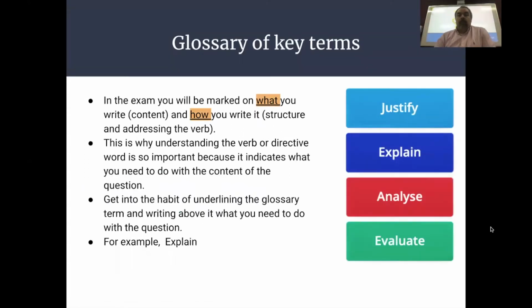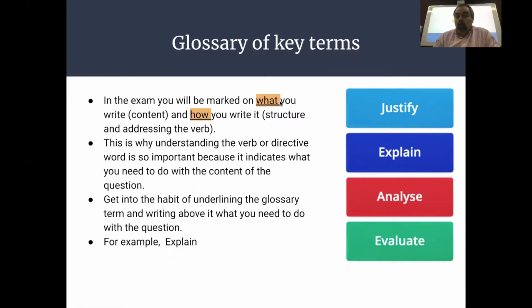The next part of the video is going to look at the glossary of key terms. I would imagine that your teachers in class have spent some time looking at these directive terms and understanding them. So looking at that first bullet point there, I always teach my students that in any exam, answering any question, that you're going to be marked and judged upon what you write and how you write it.